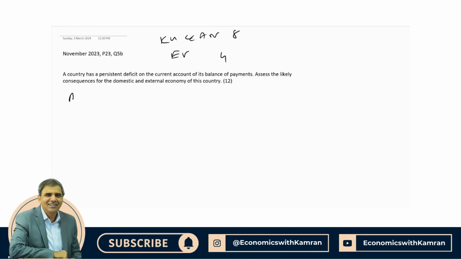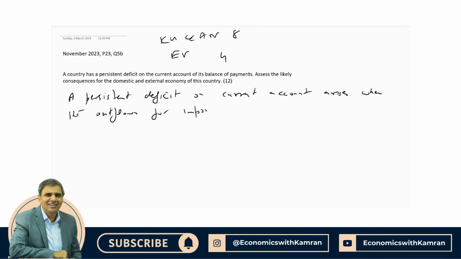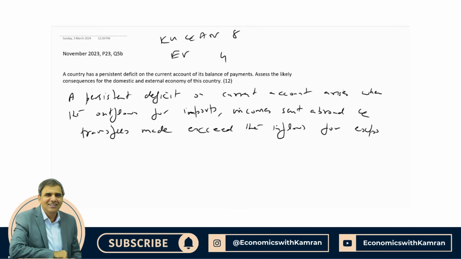So a persistent deficit on current account arises when the outflows for imports, both imports of goods as well as services, incomes sent abroad and transfers made exceed the inflows for exports, incomes earned and transfers received.